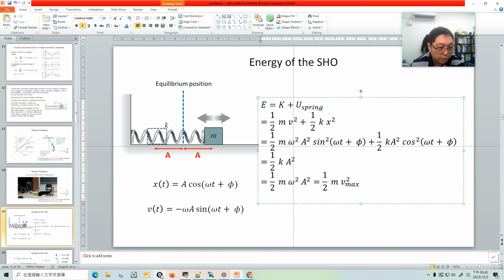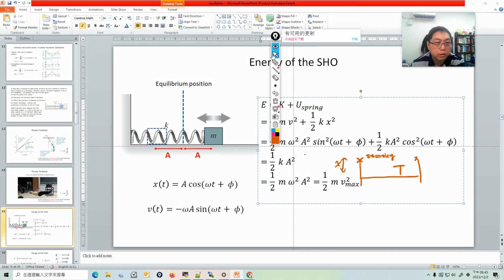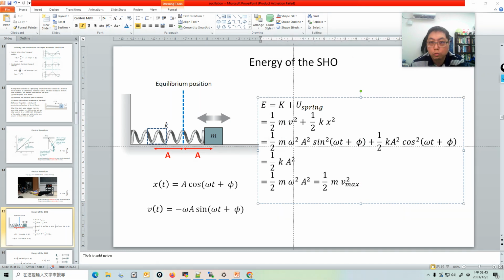Because first of all, we can use a different way to simplify the result. First of all, what can we do? Don't forget, in a simple harmonic oscillation, in a mass-spring system, omega squared is equal to k over m, right?